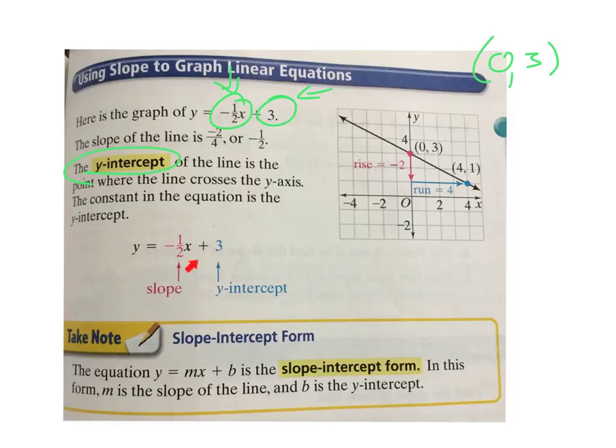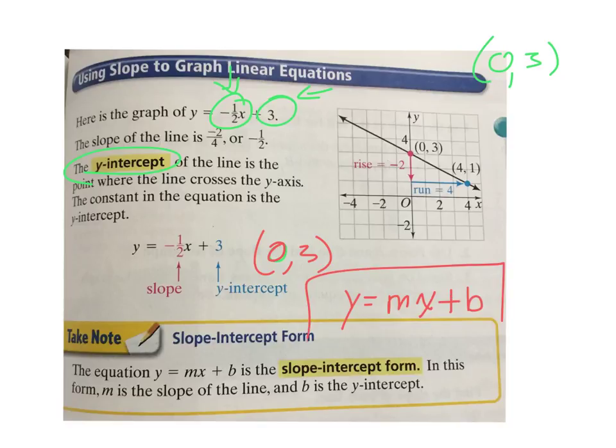It's the point literally (0, whatever this number is). So in this case, I'm going to switch to a different color, it's the point (0, 3). Because again, that looks like y equals m, that's the slope, times x plus b. That information I have down here for you as well: the slope-intercept form of the line.